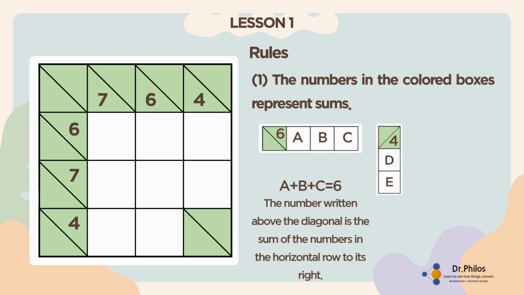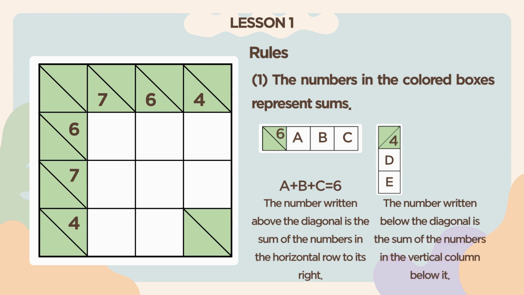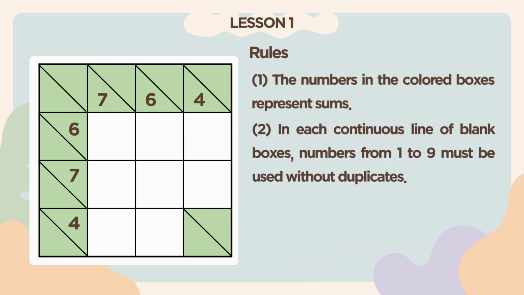The number written below the diagonal is the sum of the numbers in the vertical column below it. In each continuous line of blank boxes, numbers from 1 to 9 must be used without duplicates.